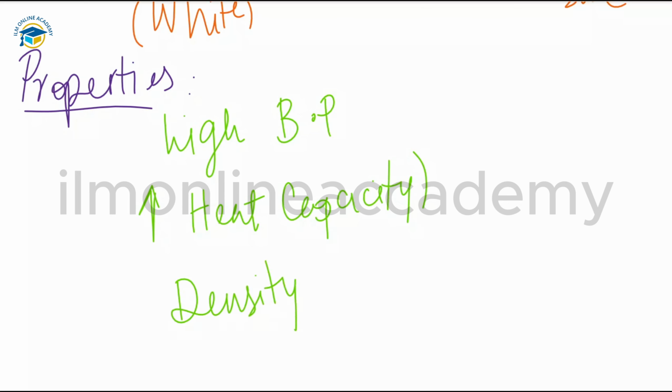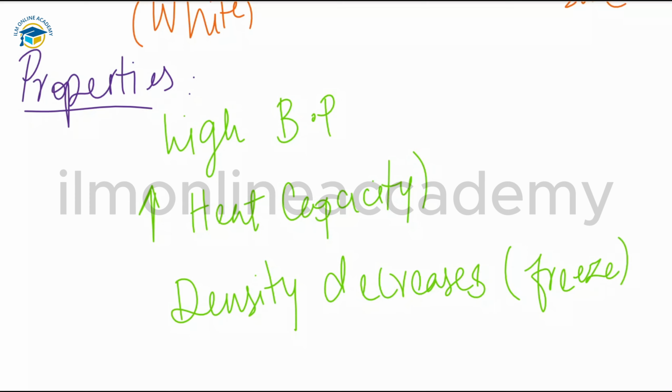It has a maximum density at 4 degrees Celsius, so its density decreases when it freezes. So these are the unique properties of water, and water is a pretty unique substance. It's an excellent solvent for many ionic compounds.